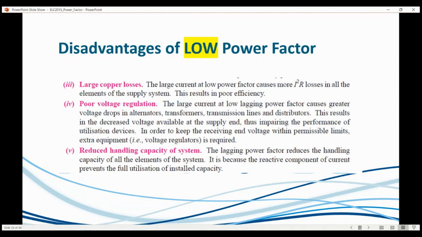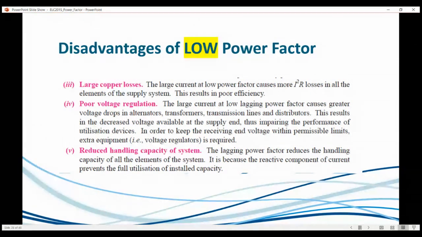When you supply, let's say from the generator side, 3,300 volts, you actually only end up getting around, for instance, 3,100, so there's a loss of 200 volts. In order to keep the receiving end voltage within permissible limits, extra equipment is required. That is why we put automatic voltage regulators, your AVRs, on the system, if the power factor is too low.